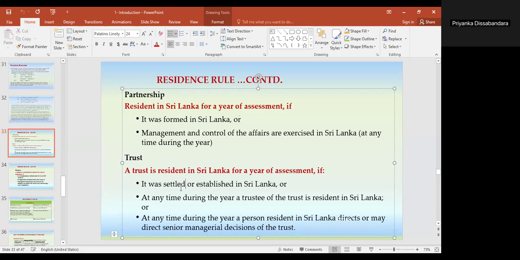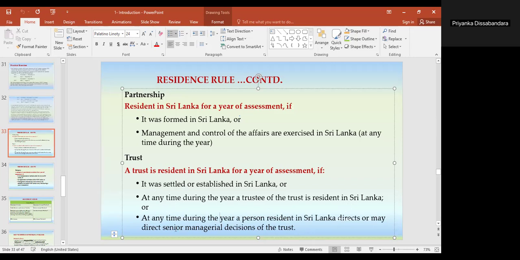So, if that trust is settled or established in Sri Lanka, or at any time during the year, a trustee of the trust is resident in Sri Lanka. You know, there may be a lot of trustees in a trust. If a trustee of the trust is resident in Sri Lanka, then of course we can consider that trust as a resident in Sri Lanka.